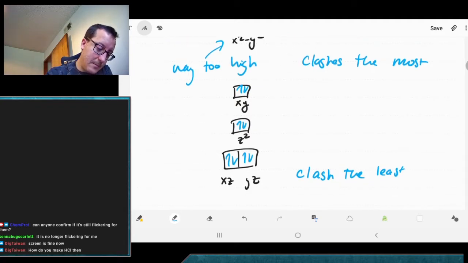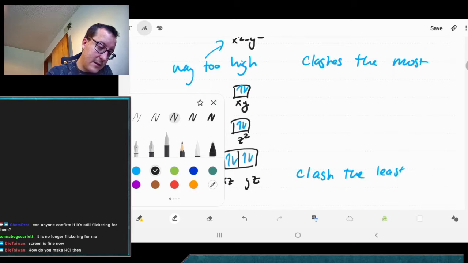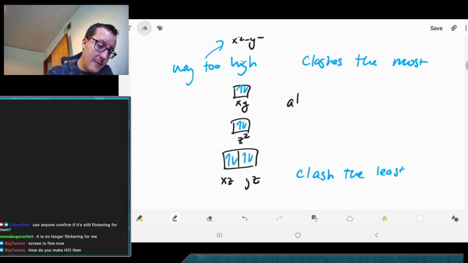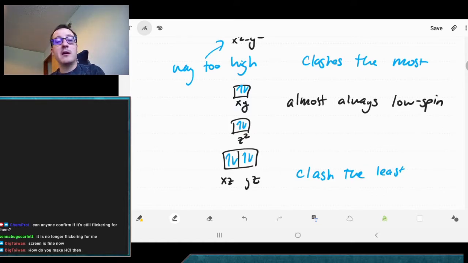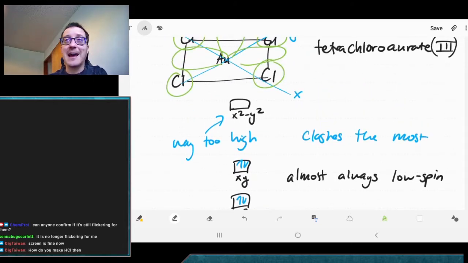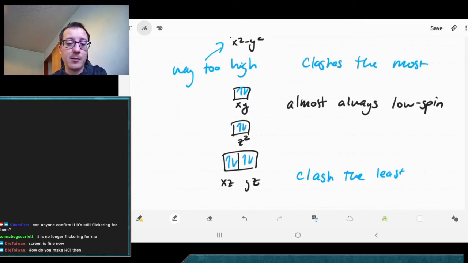As a result, no matter what your ligand is, you're almost always low spin for these, just because of that x squared minus y squared lining up exactly with your ligands, it's way too energetically unfavorable. So with the d8 complexes that you'll see, very often these will be low spin complexes, and they're going to fill up 4 of the orbitals and not the x squared minus y squared one.